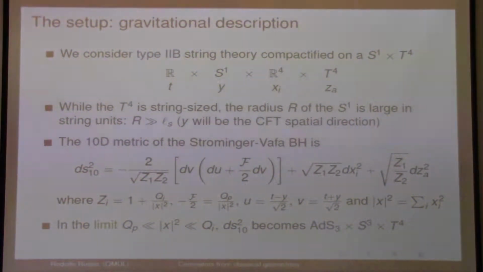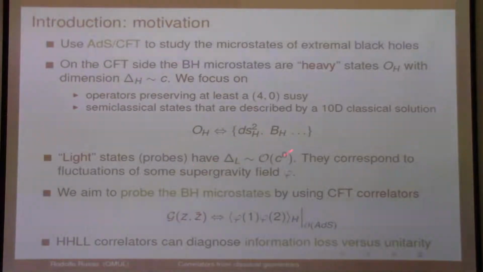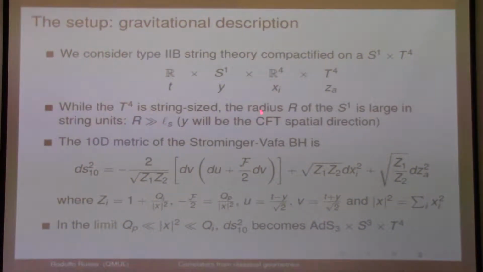Then this T4 will play very little role in what I'm saying, so you can almost forget it. And this is the space which is transverse to the D1 and D5. So it's the space where the solutions that correspond to the microstate black holes are non-trivial. And the radial coordinate in this space is basically related to the radial coordinate of AdS3. So AdS3 will be T, Y, and something related to the radial coordinate of this R4.